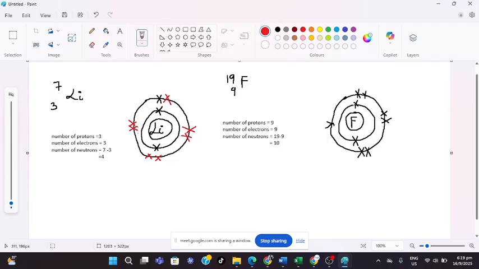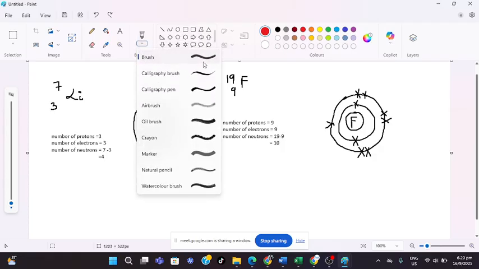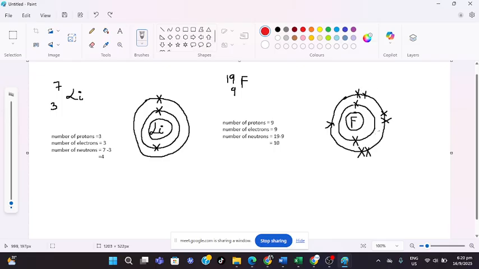Which one do you think is easier? To lose. Now, look here. On the other hand, for fluorine, would it be easier to lose the 7 or to gain 1? To gain 1.